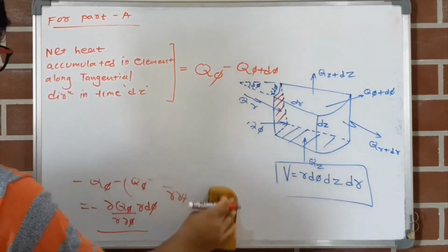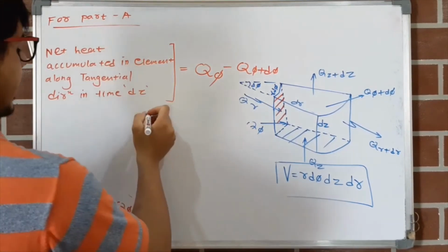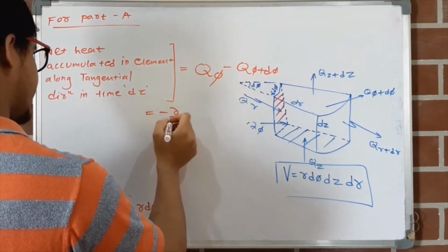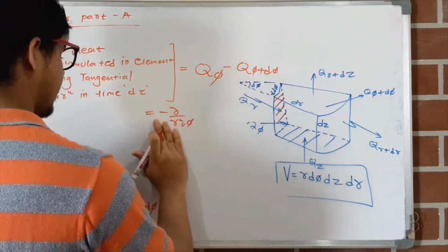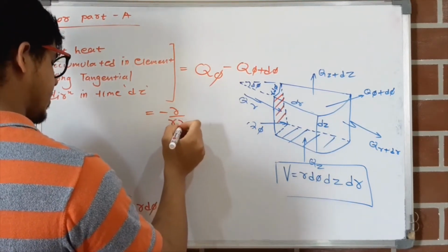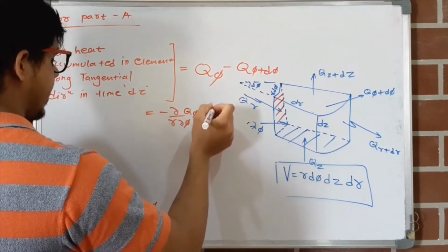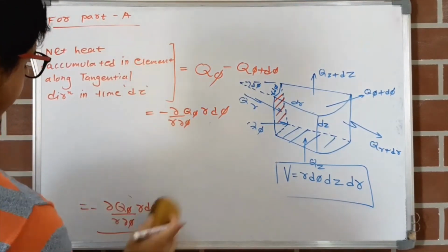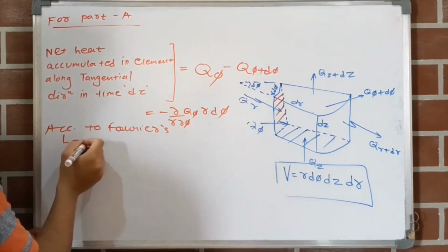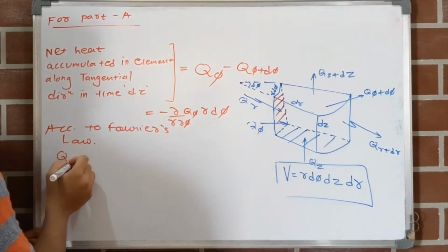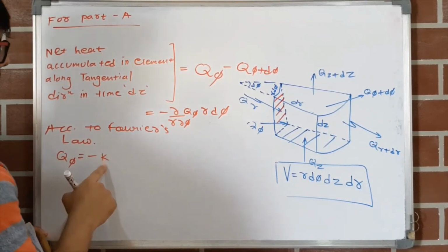Now again we have to use this Fourier's law. So I will write here, that is minus del by R into del phi into here q phi and R into d phi. Okay, again we have to use this Fourier's law. So according to Fourier's law, this q phi is equal to minus k phi, which will be equal to k only.